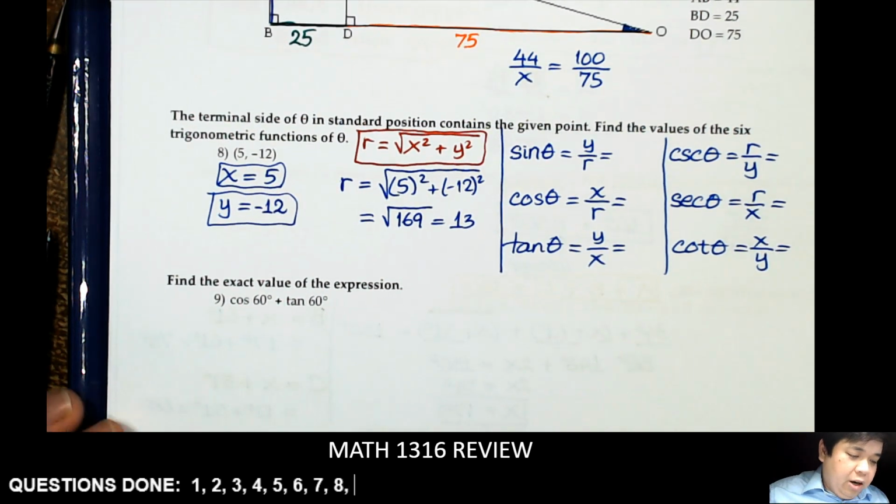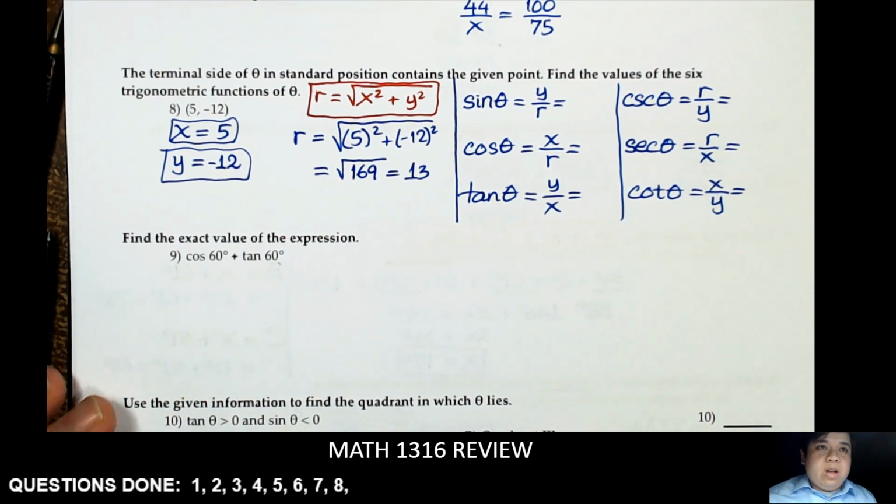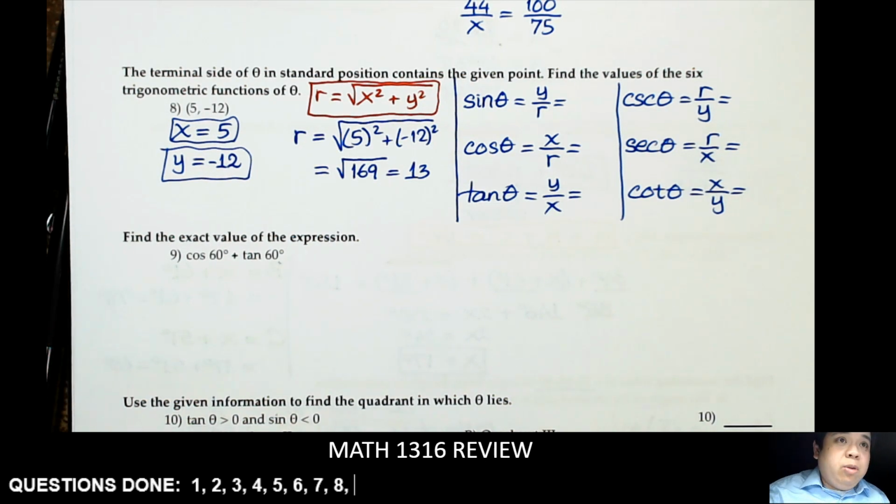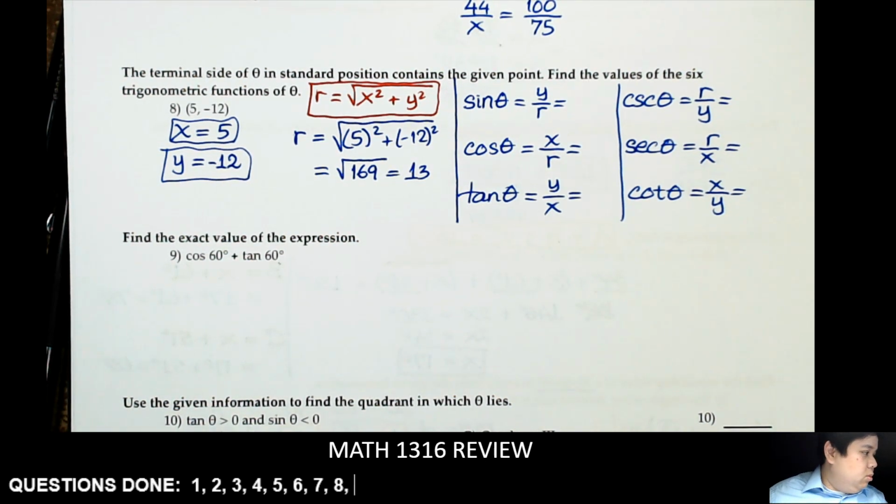Next, find the exact values of cosine of 60 degrees and tangent of 60 degrees. For this one, we use the hand trick of 5, the values. Cosine of 60 degrees.